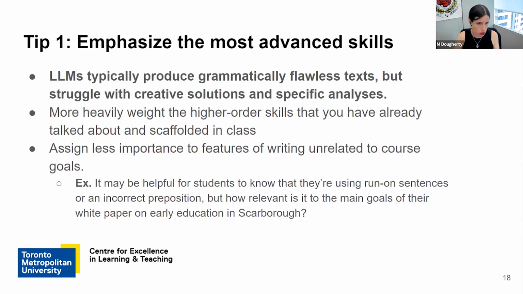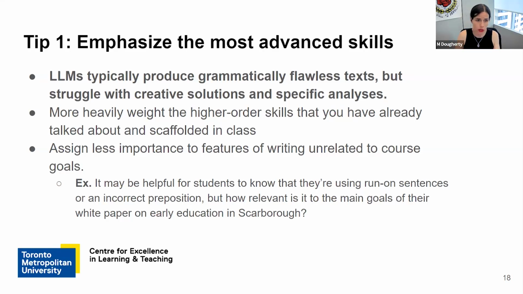These are, not coincidentally, the kinds of skills that large language models tend to not do as well at as humans. They'll produce texts that are grammatically flawless and reasonably well organized, but texts that struggle to present creative solutions or to analyze problems and questions in a specific way.